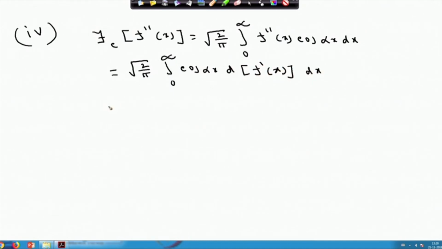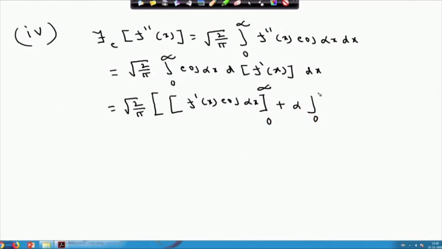Now, use again integration by parts over here. So, you can write down root over 2 by pi f dash x into cos of alpha x, x varies from 0 to infinity, plus alpha into integral 0 to infinity f dash x into sine of alpha x into dx.